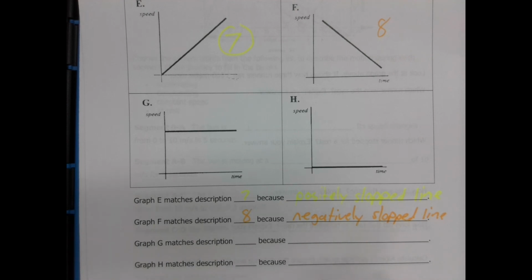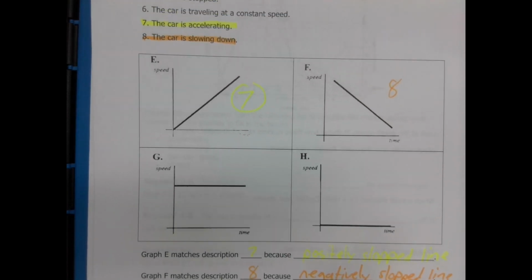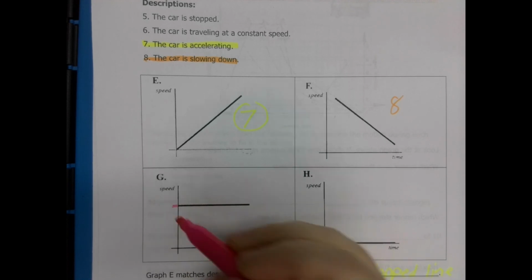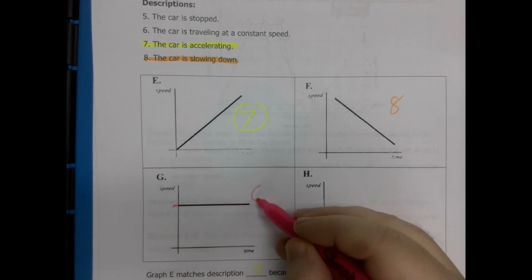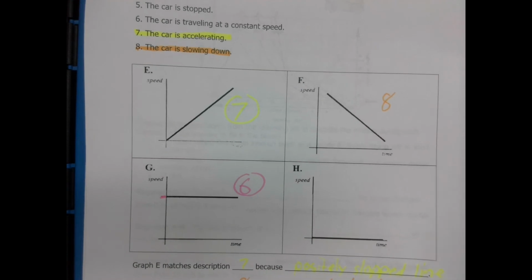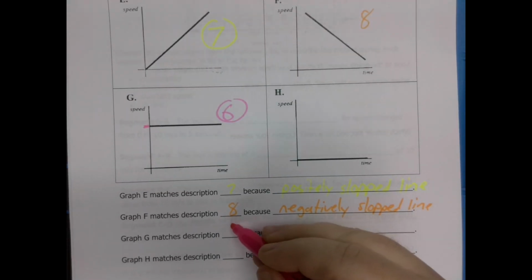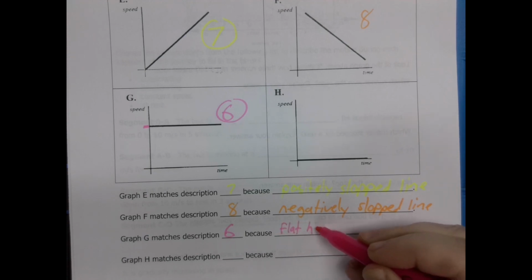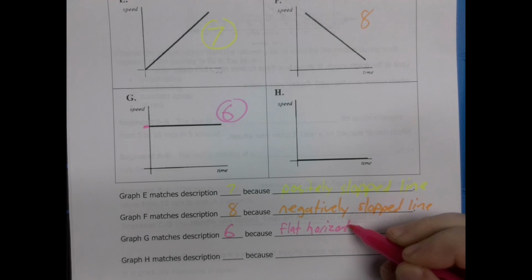Which one does G represent? It has a speed. This would be 6. It's because it's a flat horizontal speed.